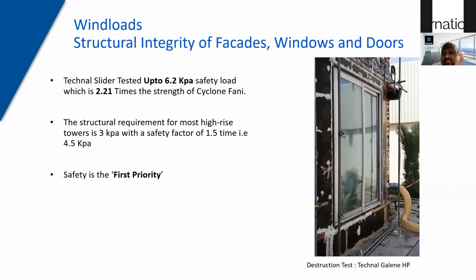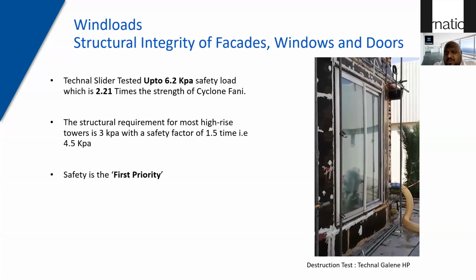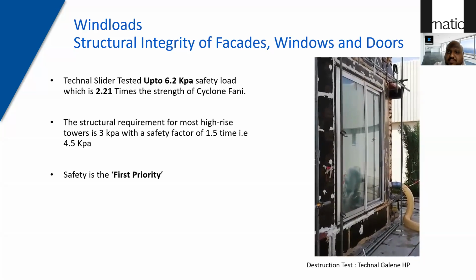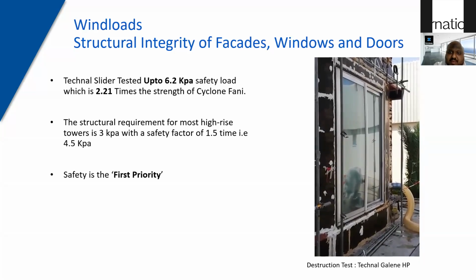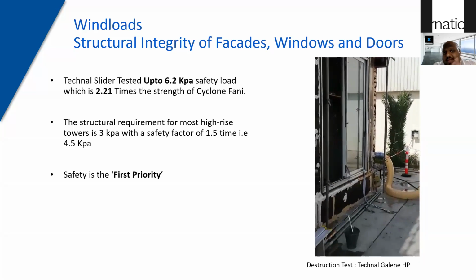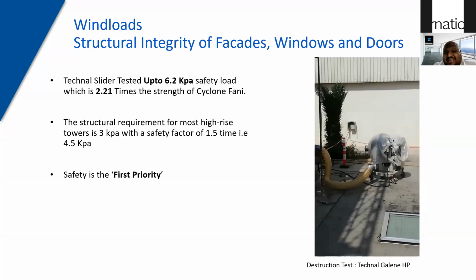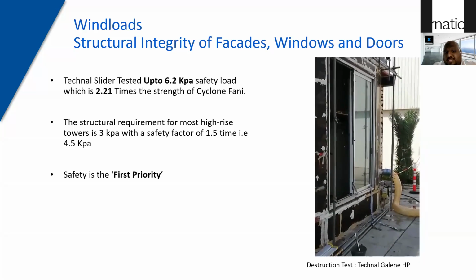That's the deflection which is happening. We are testing for destruction, so we are only trying to see how long the window resists. This is 6.2 kPa, and at this point, with the pressure inside, it just disengages and falls down. So 6.2 kPa means 2.21 times the strength of the cyclone Fani, which we just saw.